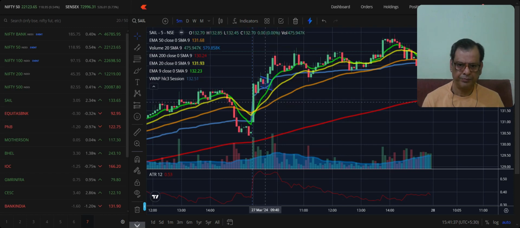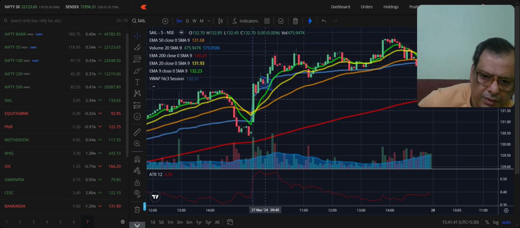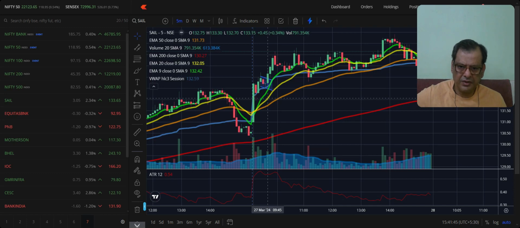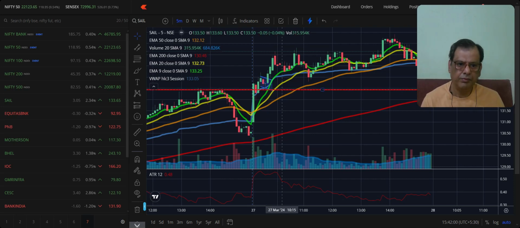We could have taken this as a signal bar, and this would be our entry bar, and we would enter above the high of this candle at 132.85. So we would have entered here at 132.90, and a stop loss would be below VWAP, somewhere around here, giving it some room.